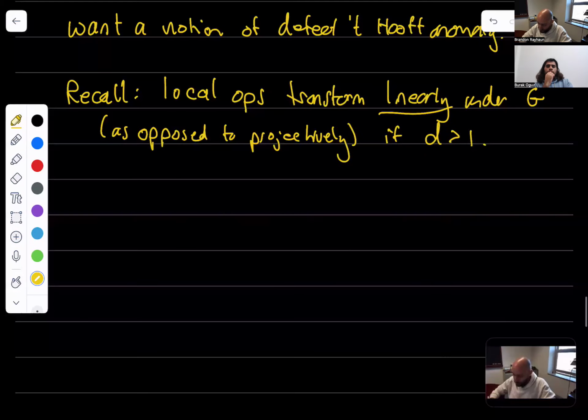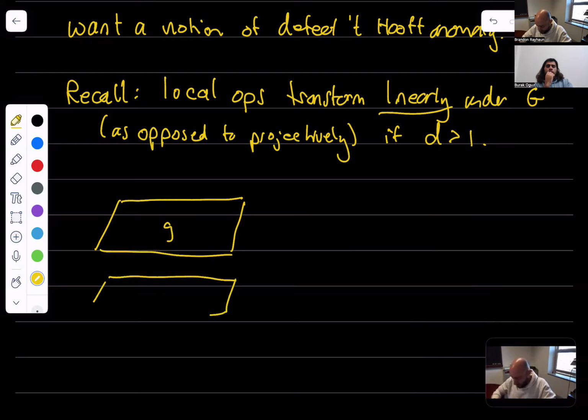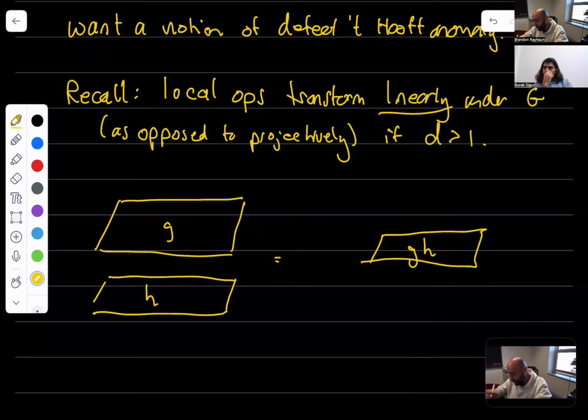The ultimate reason for this, in the language of these surface operators, is that when I fuse two topological defects together, there are no phases that can arise. A projective representation is a situation where when you multiply two symmetries together, you get the product symmetry back up to a phase.